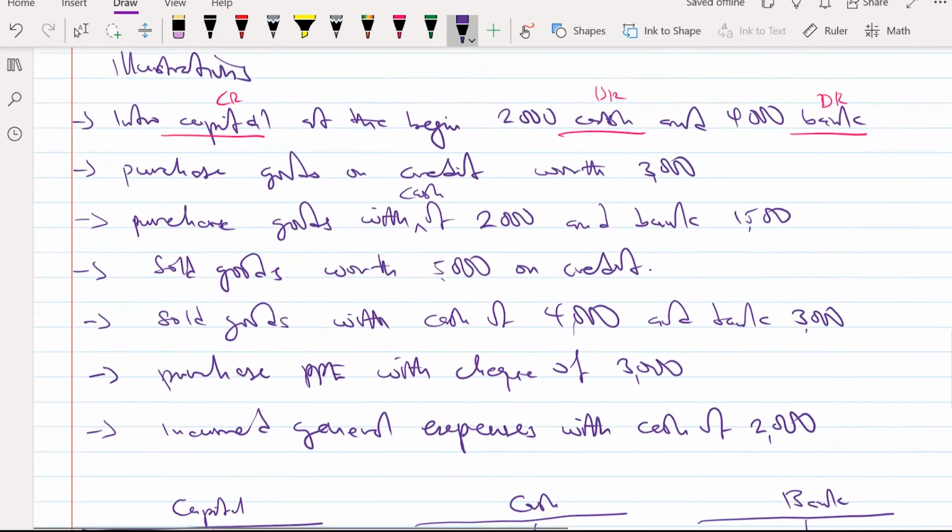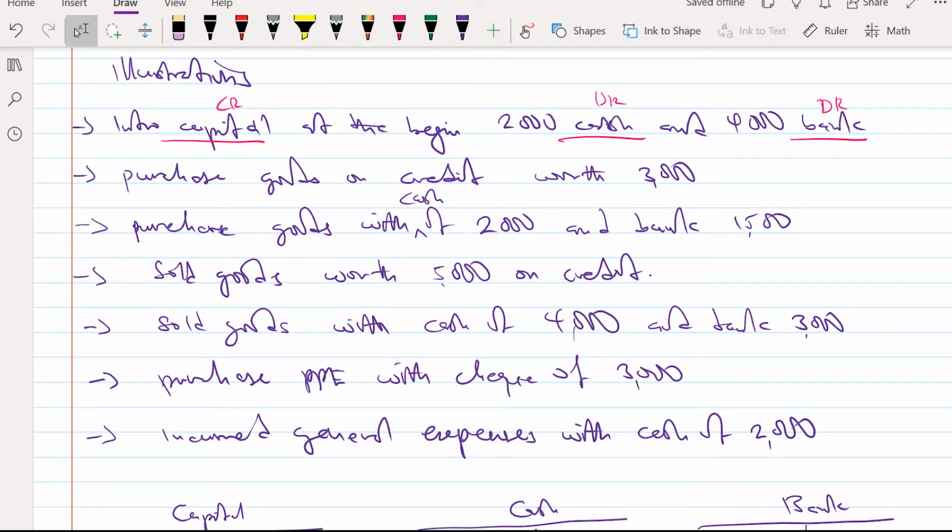The next one we have is purchase of goods on credit worth 3,000. In this transaction, we have purchase as an account and credit as an account. Purchase is more like an expense, therefore it should have a debit balance.